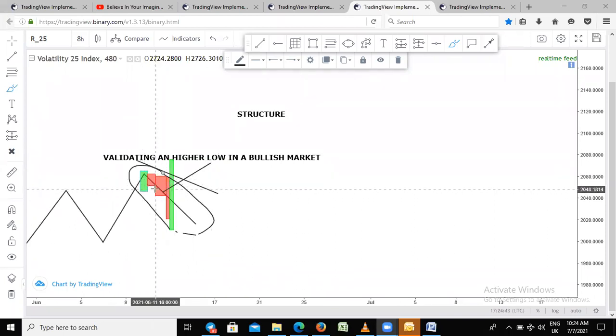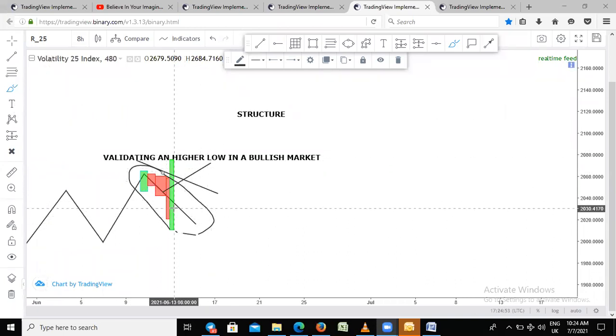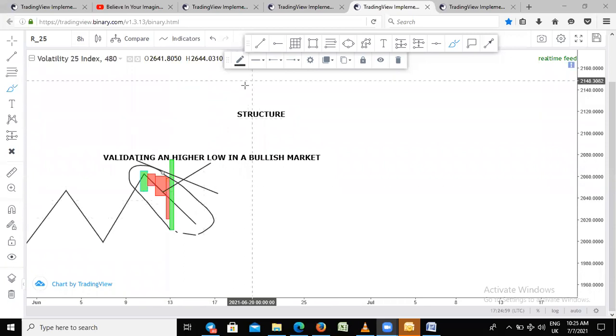And then the next thing on your confirmation checklist, like I taught you all, is that we cannot see a higher high created in one candle. It means that for us to see a higher high, there must be 1, 2, 3, 4 candles. You can see two candles coming like this.